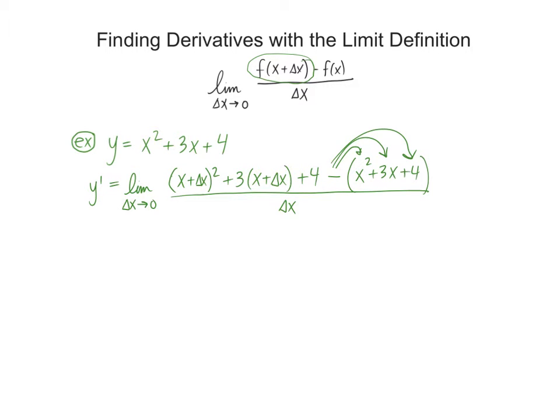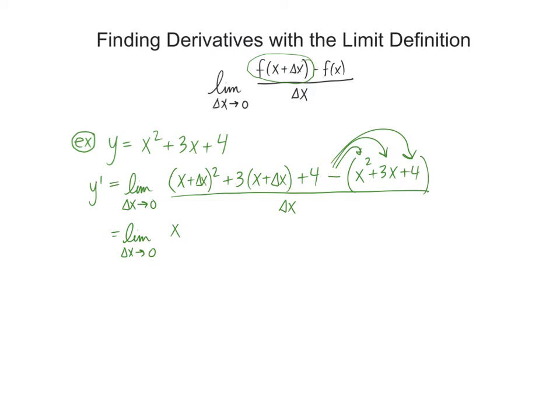Okay? So, next, I want to just do some algebra. I want to do some simplifying. I want to square stuff out. I want to distribute. I want to see that everything with no delta x in it goes away. Keep this limit. The last thing we're going to do is evaluate the limit. We can't do that until we get this delta x on the bottom fixed.